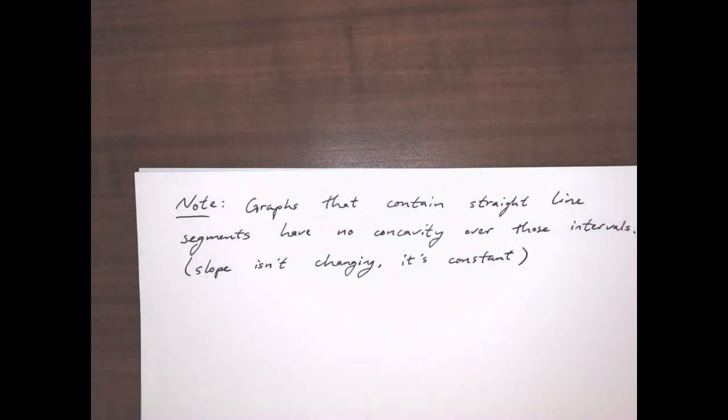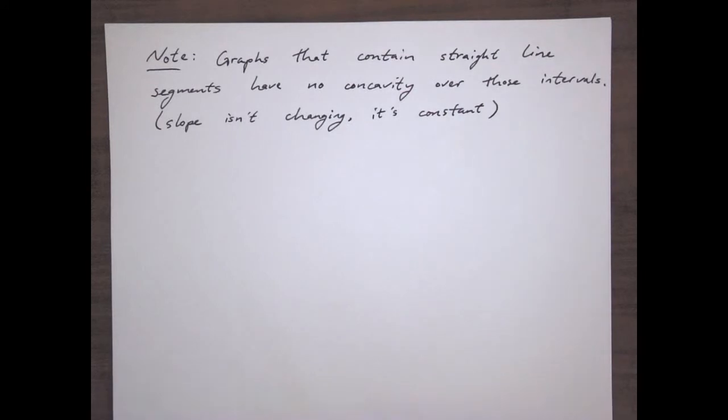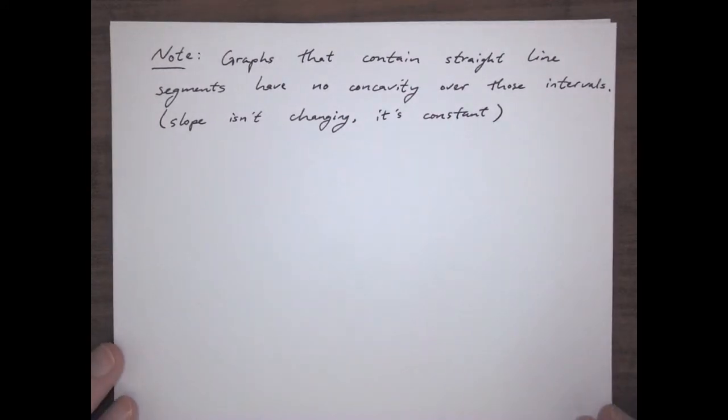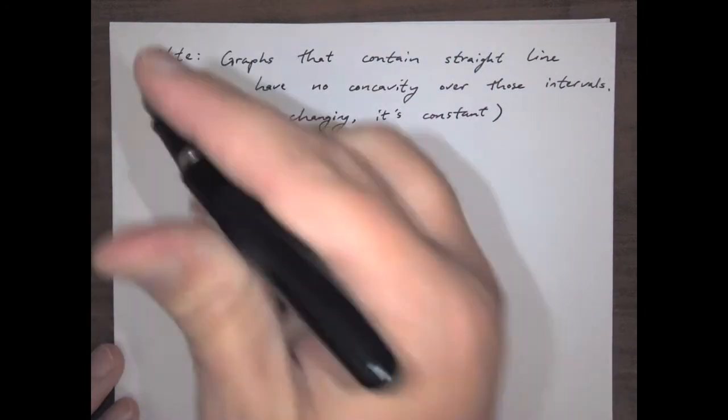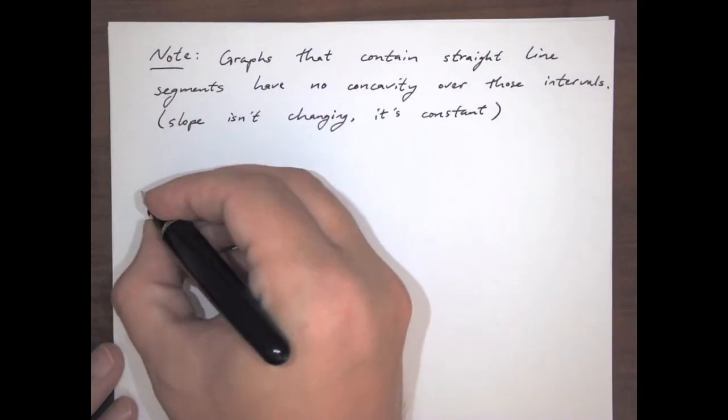Now, when it comes to concavity, we'll ask similar questions to what we asked in the case of increase and decrease, namely to find intervals where the function is concave up versus concave down.